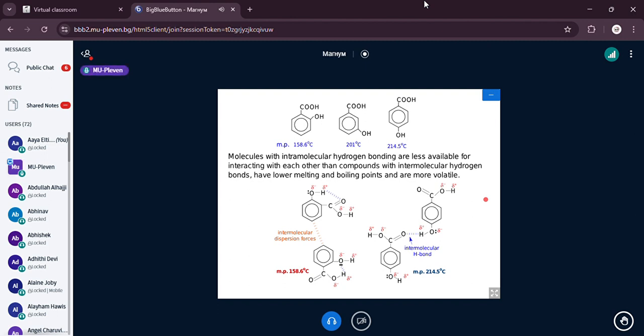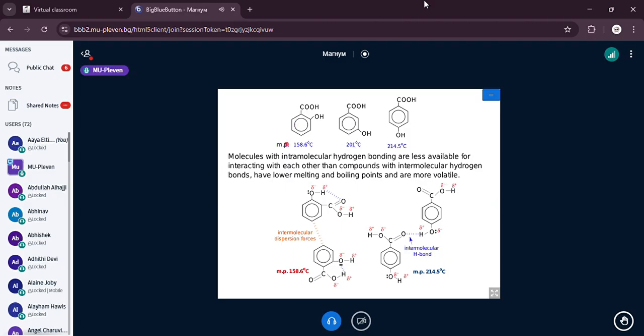Molecules such as salicylic or ortho-hydroxybenzoic acid, having intramolecular hydrogen bonds, cannot interact with each other to form intermolecular hydrogen bonds. That's why they possess lower melting and lower boiling points.